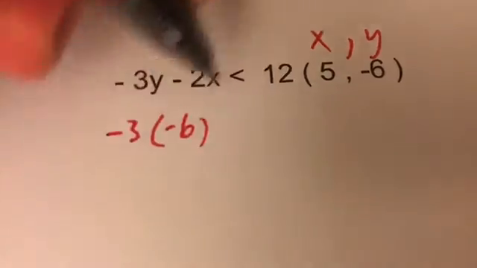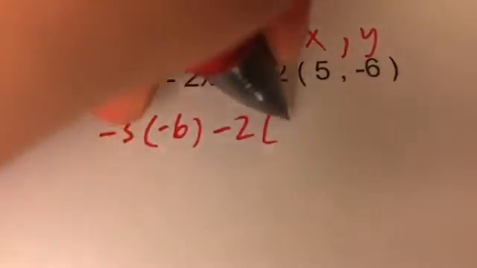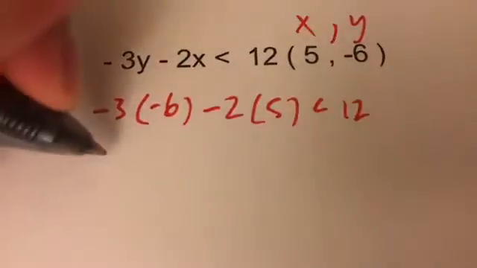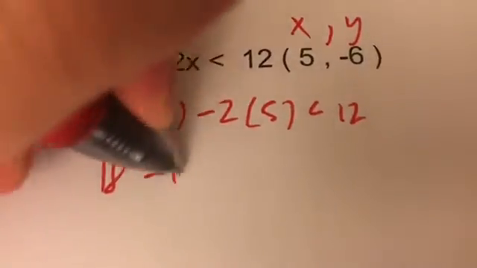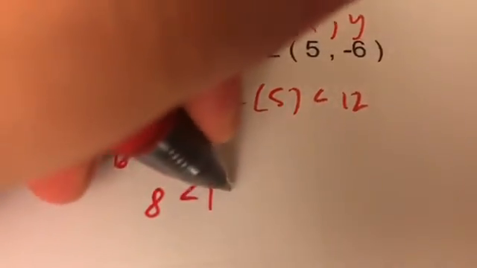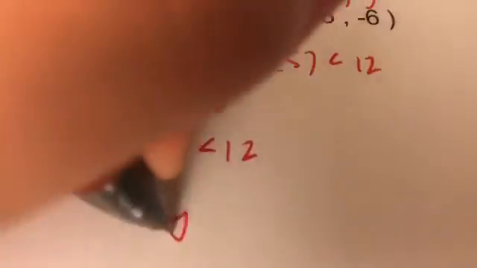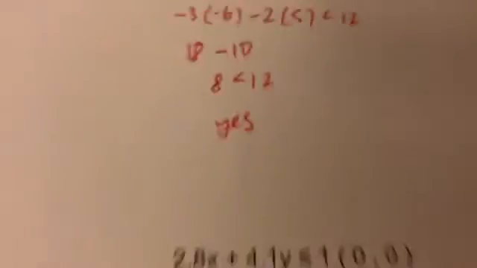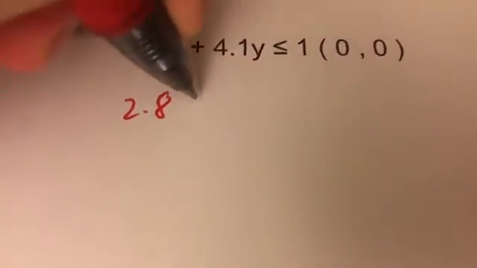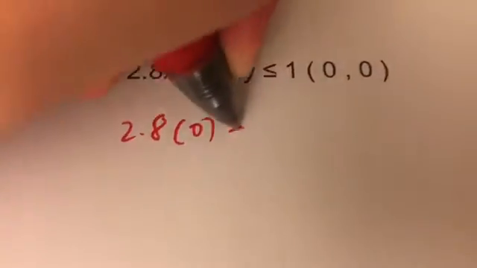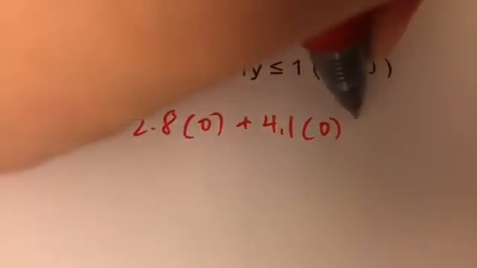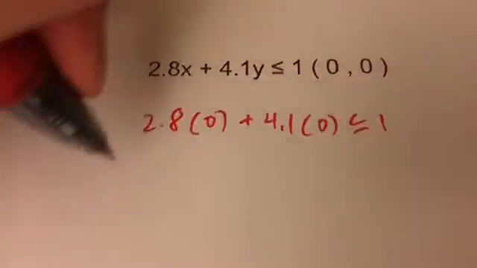Next, negative 3, negative 6, 2, 5, less than 12. So 18 minus 10, that equals 8, right? That's less than 12. Yes, this is true. Next, 2.8 times 0 plus 4.1 times 0, which is less than or equal to 1.